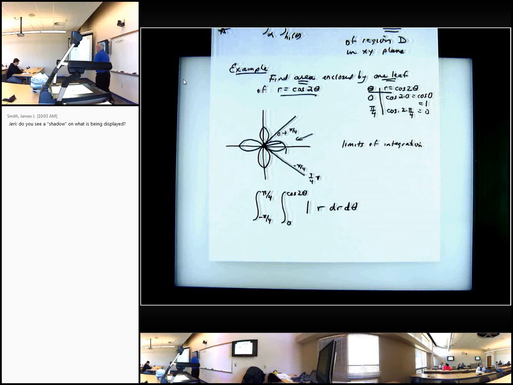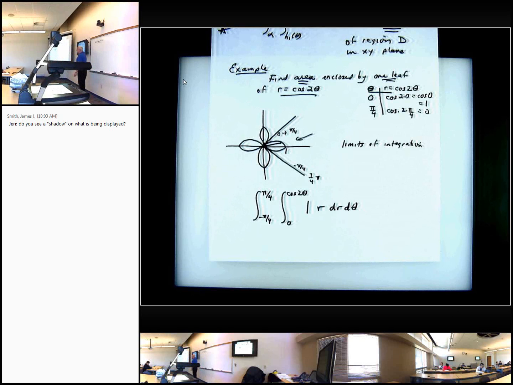So then how do I get cosine? Okay, because our given problem is r equals cosine of 2 theta. This directed line of r stops at the graph, and the graph is cosine of 2 theta. So that's why that's the upper limit of integration for r.